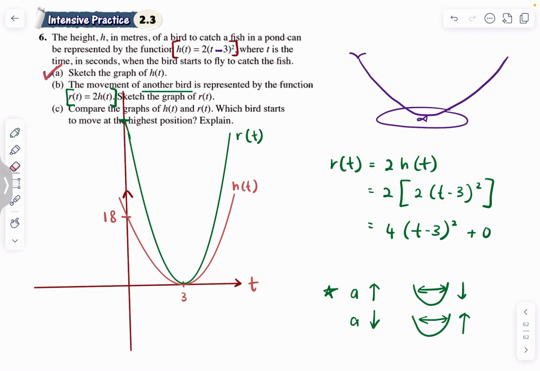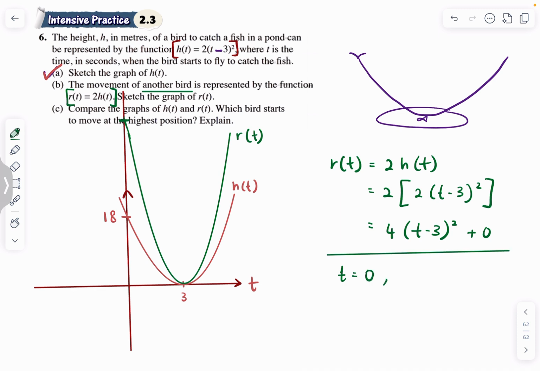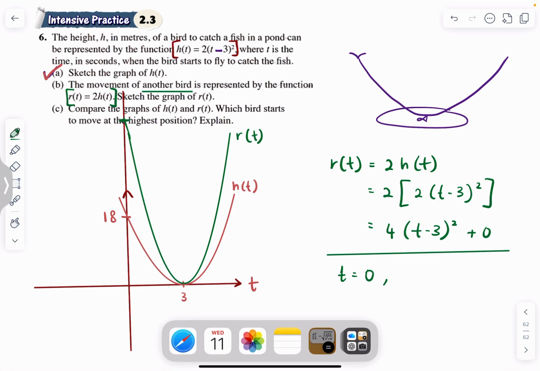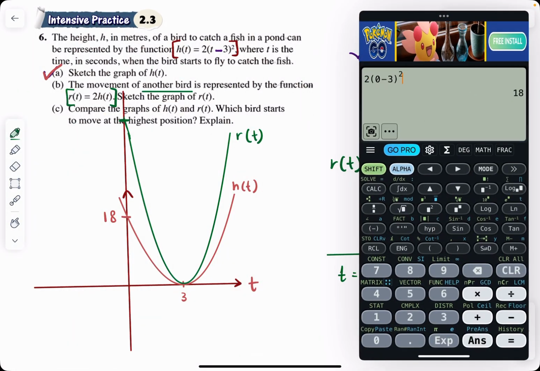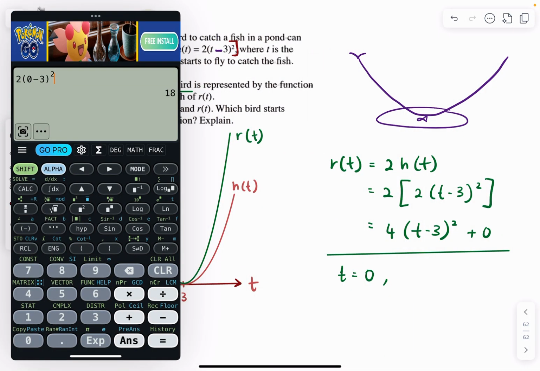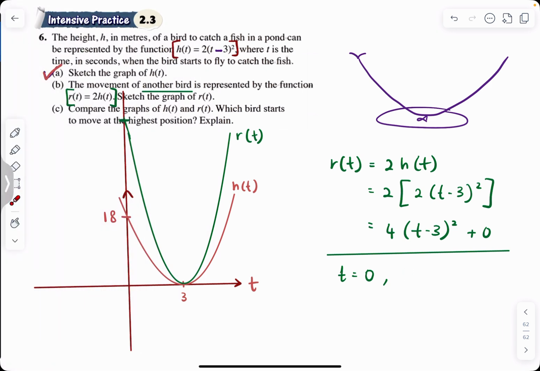So this intersection we also need to find. To find that, let's look at t equals 0. So when t equals 0, that means this one has to be 0. So 4 times (0 minus 3) squared plus 0, we get 36. So r(t) will equal 36.